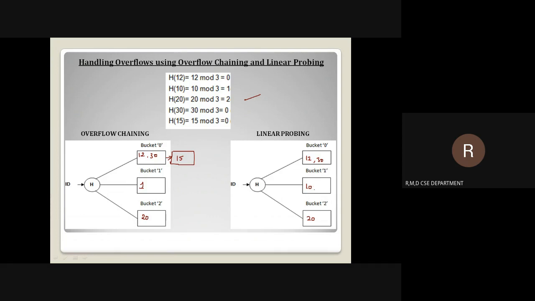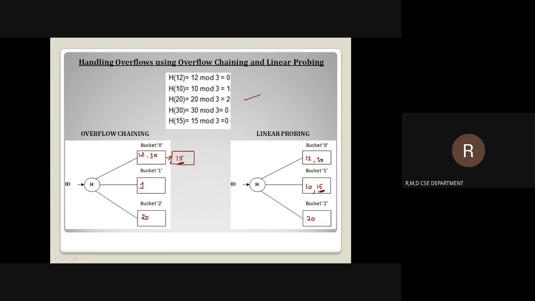So the record with ID 15 will be stored in the next bucket which has space in it. So 15 goes here.